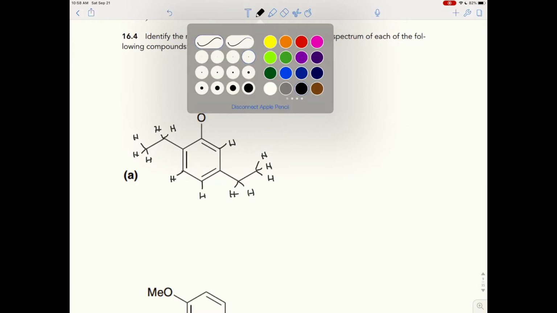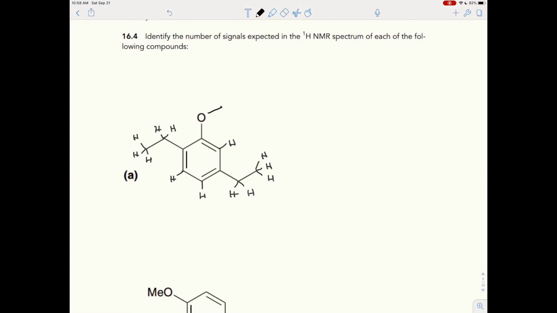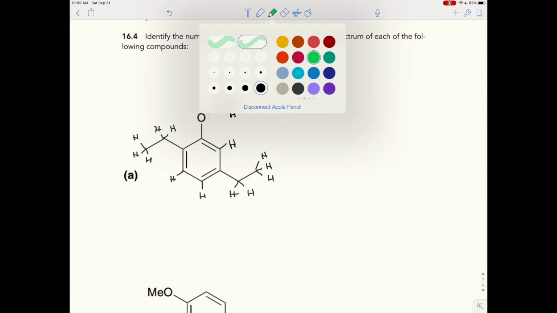That would really look something like this. Carbon with 3 hydrogens on it. Alright, so we have a lot of hydrogen nuclei in this. We have a lot of things that can flip and give us a signal. But the signals will only be separate if the hydrogens are in different electronic environments. So let's consider these one at a time.